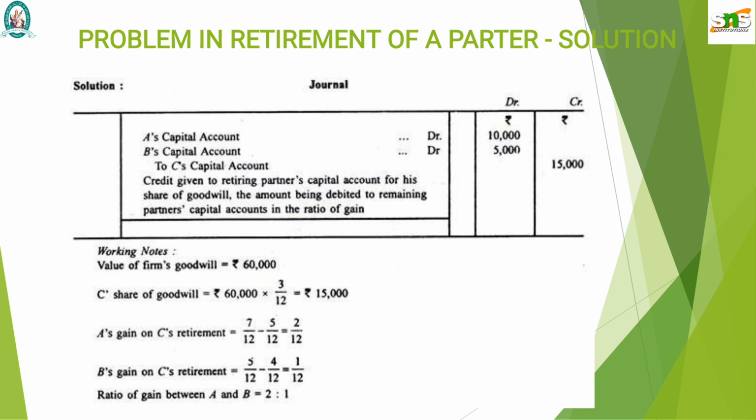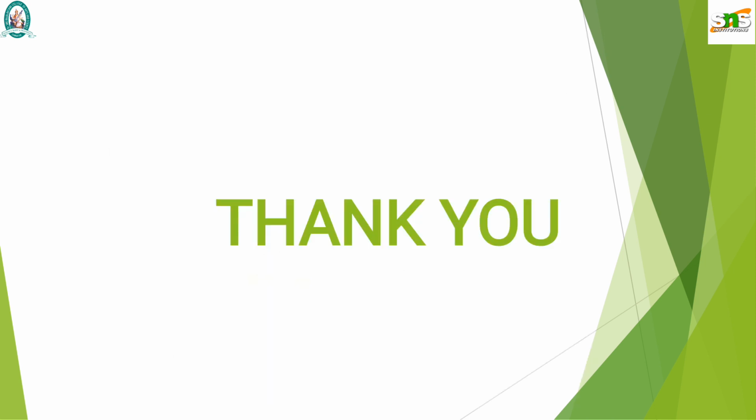So here the narration is being credited to the retiring partner's capital account for his share of goodwill, and the amount being debited to the remaining partners' capital accounts in the ratio of gain. I think we got the solution for the case of retirement. Thank you.